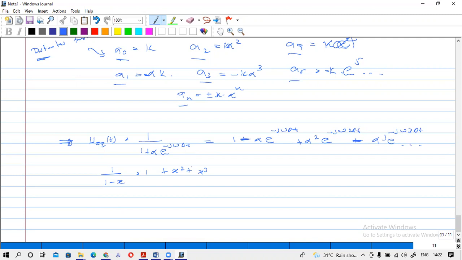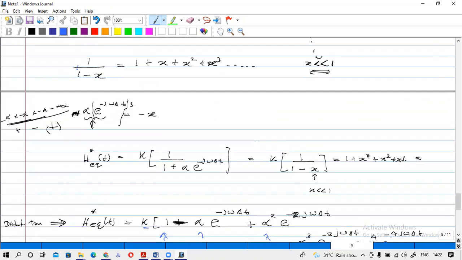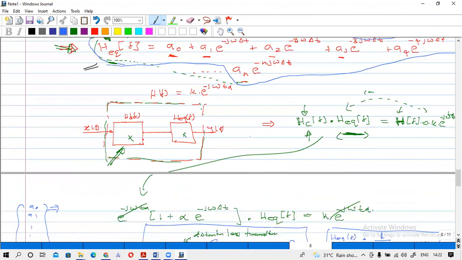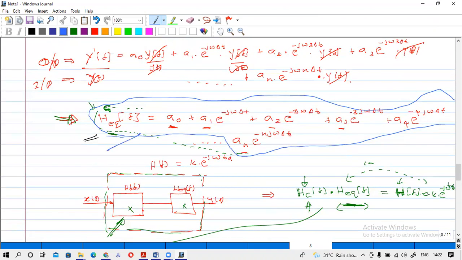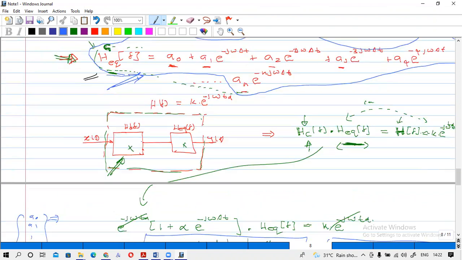You have to simply write this, and then derive this one.